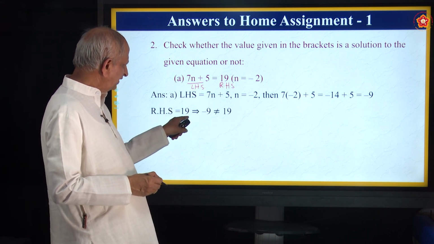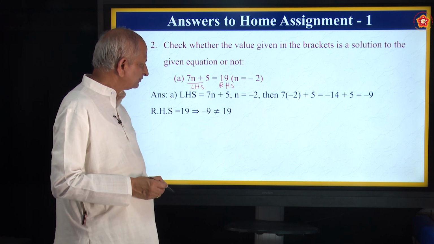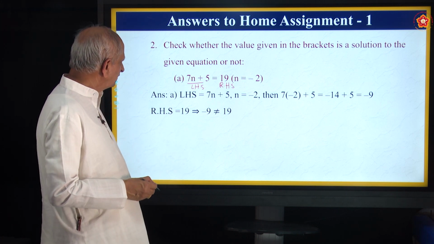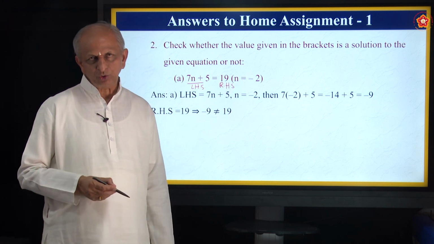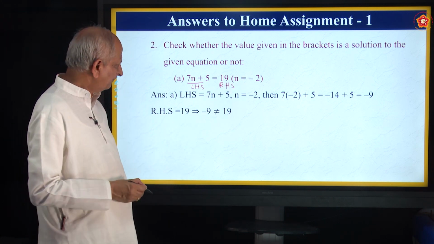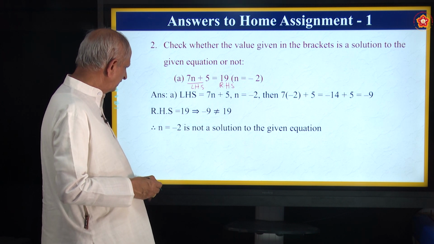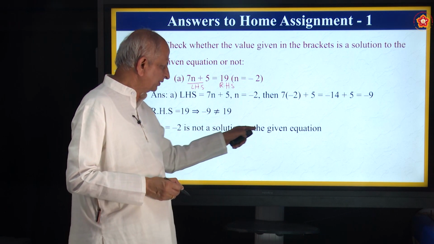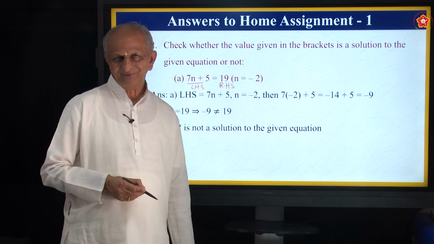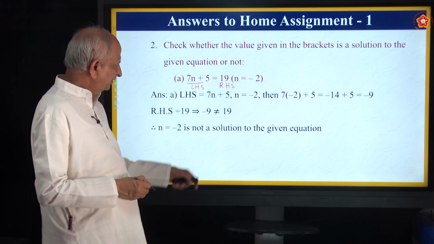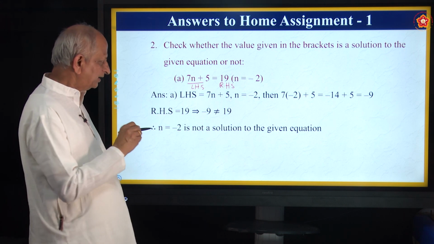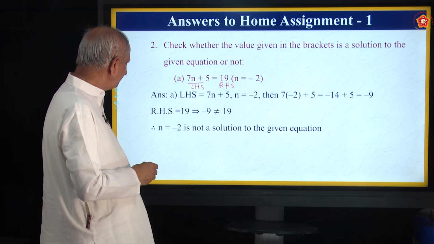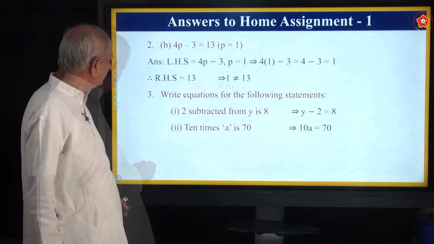The 19 and minus 9 are not equal. So, the value given in the bracket does not hold good. So, n equals minus 2 is not a solution to the given equation. Are you following? Suppose you get 19 here, then it would hold good, but you get minus 9. Okay. That is the first question.